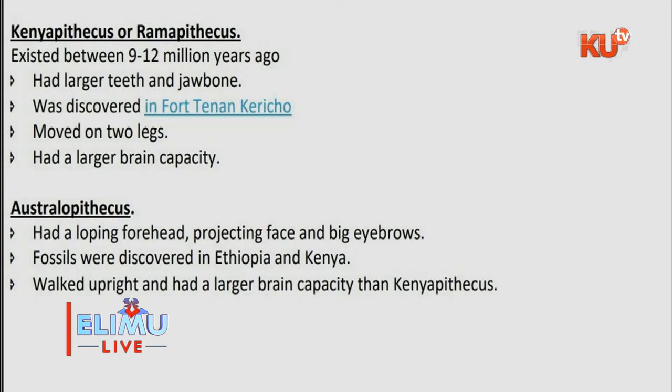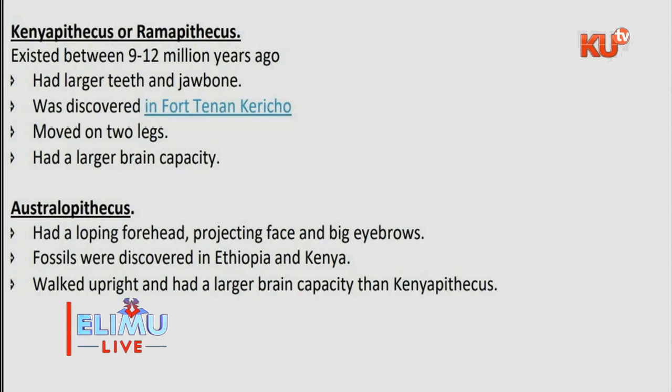So if you look at the differences between these 3, you will find that as one moves from one stage to another, these people developed some more complex features. Kenyapithecus had a larger brain capacity than Dryopithecus and Aegyptopithecus.